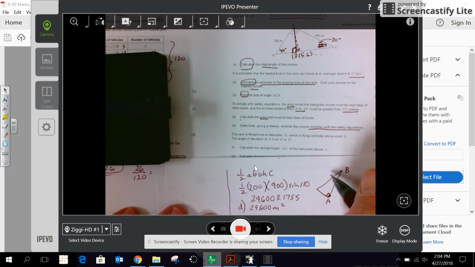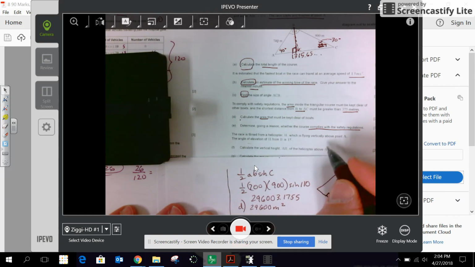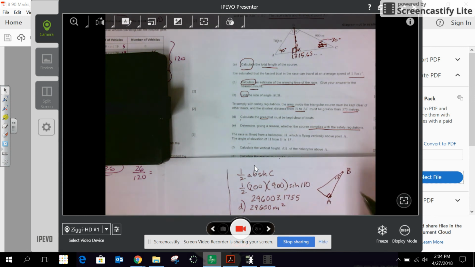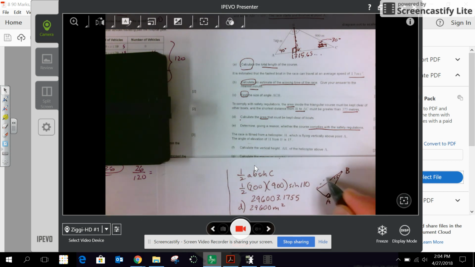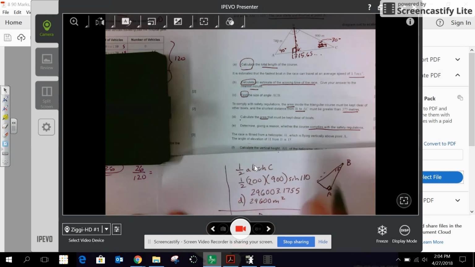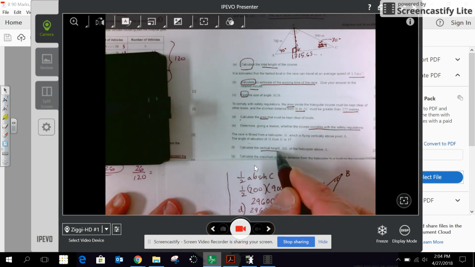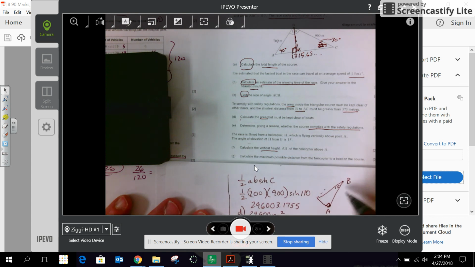There's a right angle, it's right above it. Angle of elevation is always the angle from the ground up to what you're looking at. If they gave you angle of depression, that would be the same as angle of elevation. Calculate the vertical height of the helicopter.